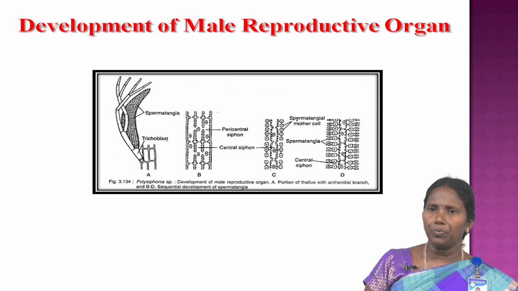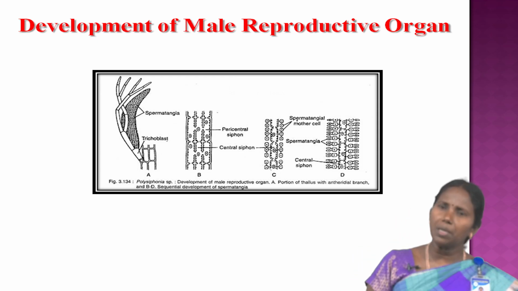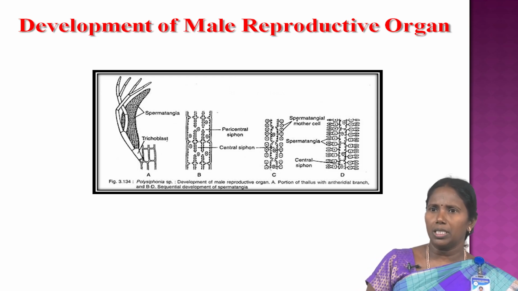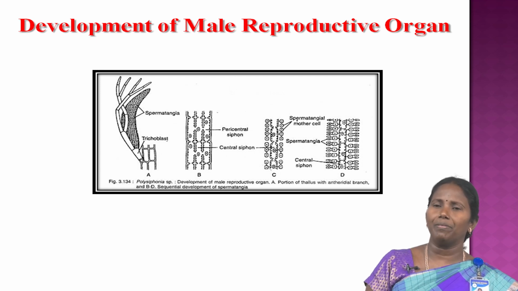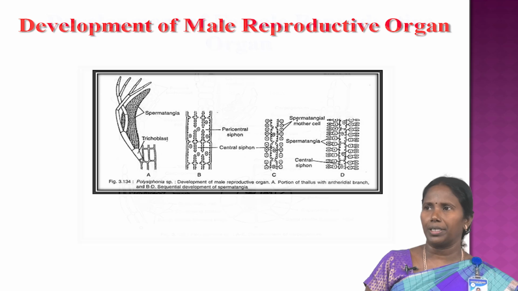Each one cuts off 2 to 4 unicellular bodies. Each spermatangium develops a single non-motile male gamete, the spermatium. The spermatia are liberated from the spermatangium through a narrow apical slit on the wall. The spermatia are dispersed through the water.